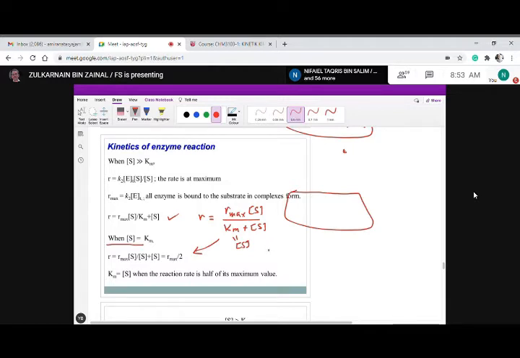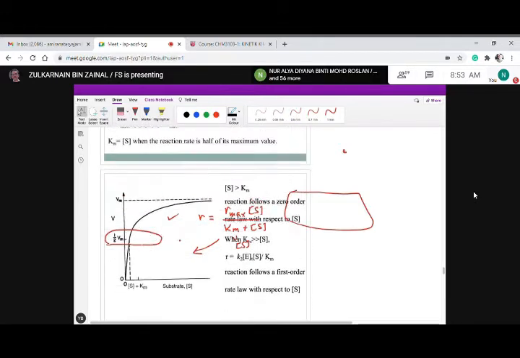So at the concentration where the substrate concentration equals the Michaelis-Menten constant, the rate of the reaction is only half of the maximum rate. All right, so that is interesting.